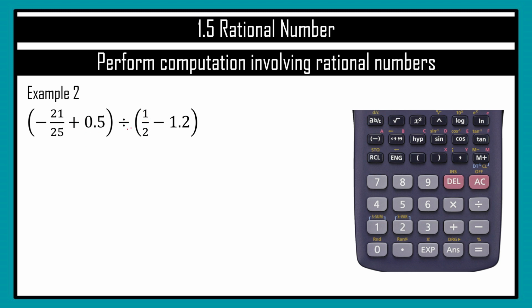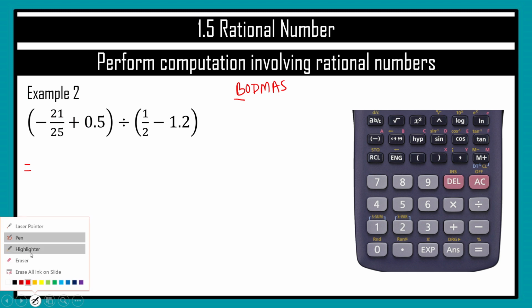Okay, so we got this example. Let's remember BODMAS, so we start with brackets. There are two brackets here, and inside each bracket we have an operation to be done. So we're going to do them one by one. I'm going to do the one at the front first.